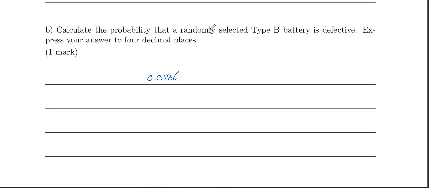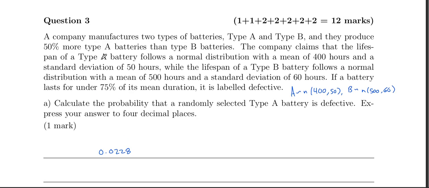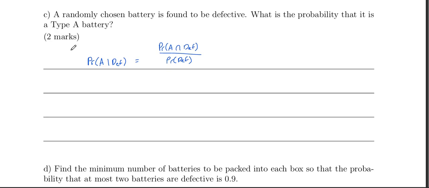To find this out, we need to look at the information where it says 50% more type A batteries than type B. So if there were, for example, 100 type B batteries, 50% more than that is going to be 150 type A batteries. This means that 60% of the batteries are type A and 40% are type B. So the probability that we choose a type A battery is 3 on 5, and the probability that we choose type B is 2 on 5.